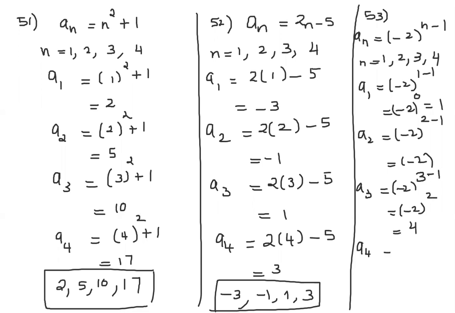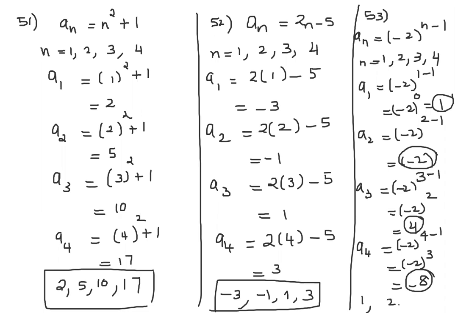And the last one is negative 2 to the power 4 minus 1, which is negative 8. So the answers are, we'll circle the answer, 1, negative 2, 4, and negative 8. The signs are going to alternate, positive and negative, positive and negative.